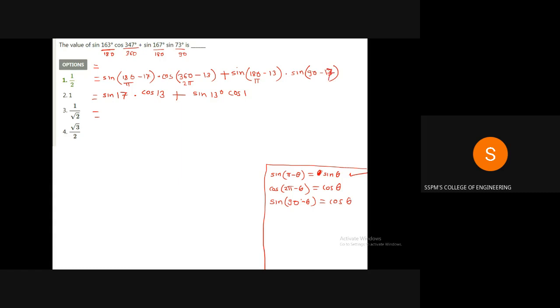We have to replace 73 with 90 minus 17. So it is cos of 17.